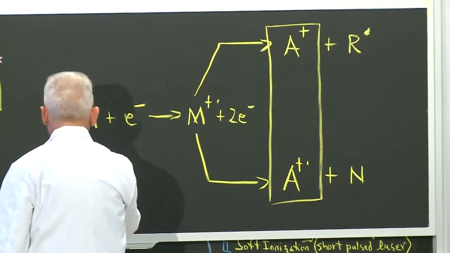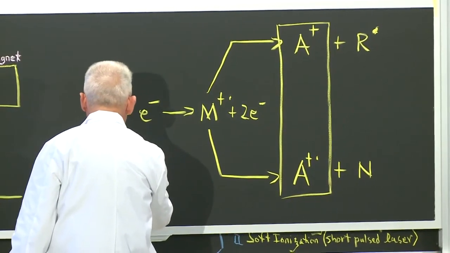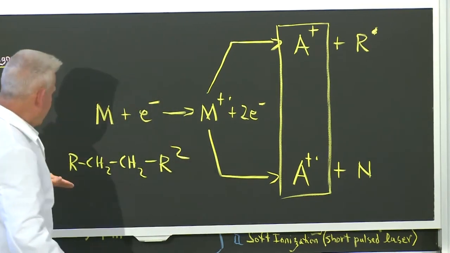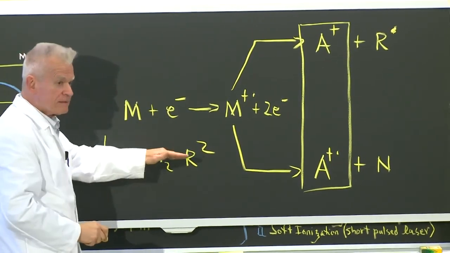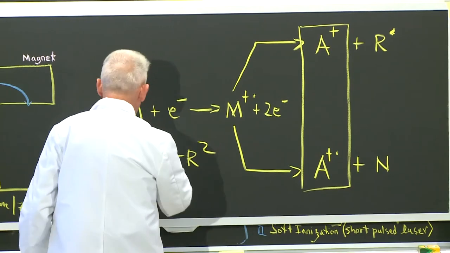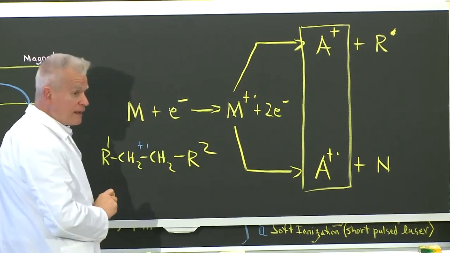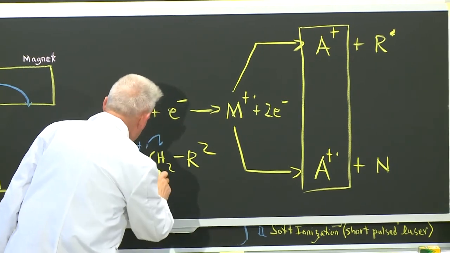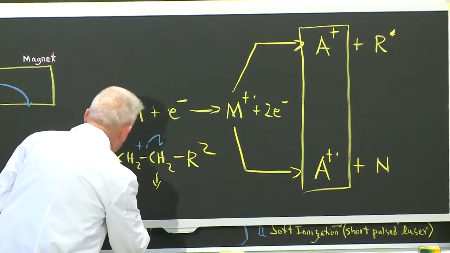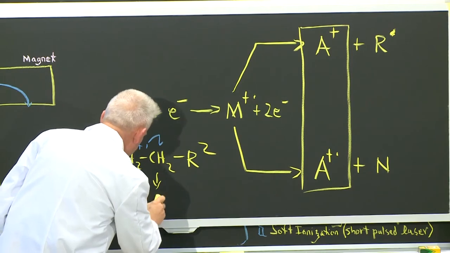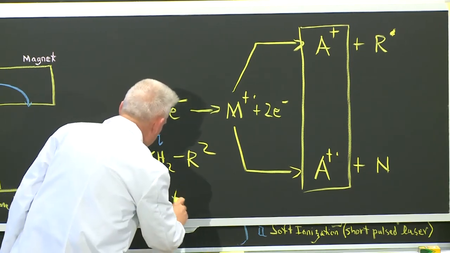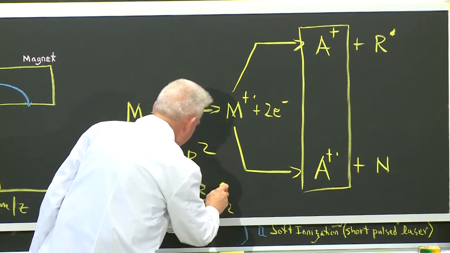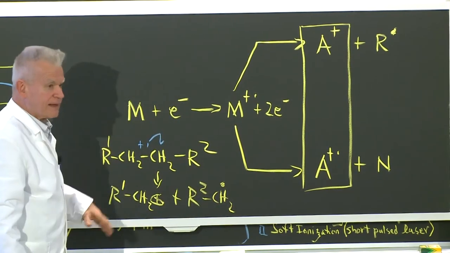So if you have a molecule like this, it could ionize anywhere in this chain. And if it ionizes, say, here, and then you have a homolytic cleavage of the bond, you're going to get an R'CH2+ fragment, and you'll get an R2CH2 radical. So that's the idea.